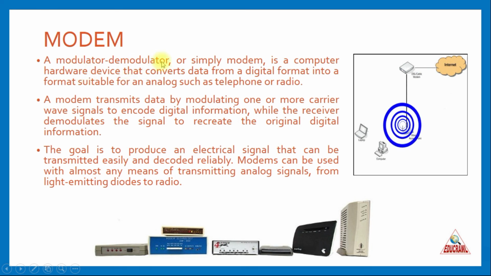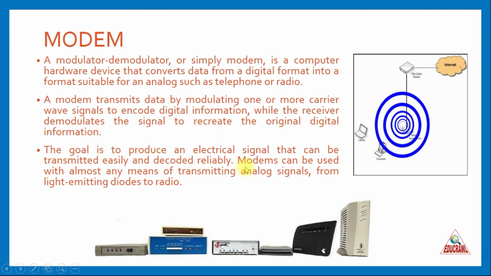A modulator-demodulator, or simply modem, is a computer hardware device which converts data from a digital format into a format suitable for an analog transmission medium such as telephone or radio. A modem transmits data by modulating one or more carrier wave signals to encode digital information, while the receiver demodulates the signal to recreate the original digital information.